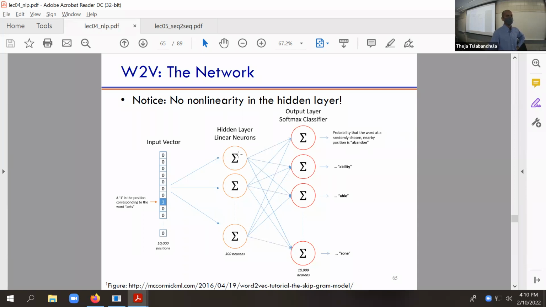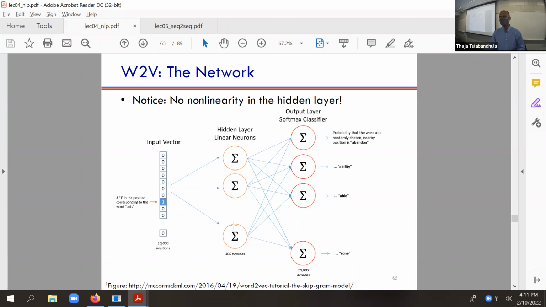The input vector is transformed via the usual Wx plus b that we saw in the first or second lecture to some intermediate number of neurons, and from that vector again Wx plus b to get to the output score vector. So clearly the second W should have 10,000 rows so that it produces a 10,000 dimensional output. Similarly, the first matrix should have 10,000 columns so that it can be multiplied with the input vector.